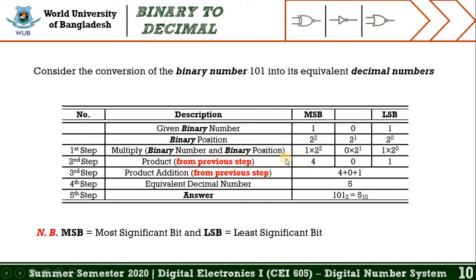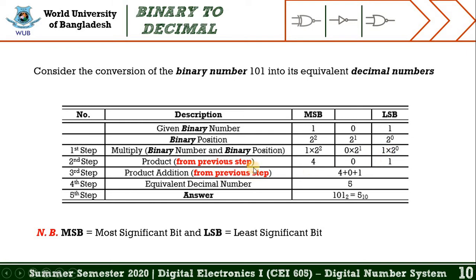The next row represents the first step of the conversion of binary to decimal. The first step is to multiply. Inside the parentheses you see the given binary number and the binary position: 1 into 2 to the power 2, 0 into 2 to the power 1, 1 into 2 to the power 0.